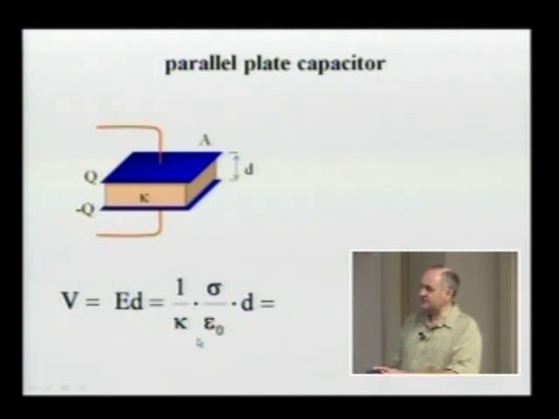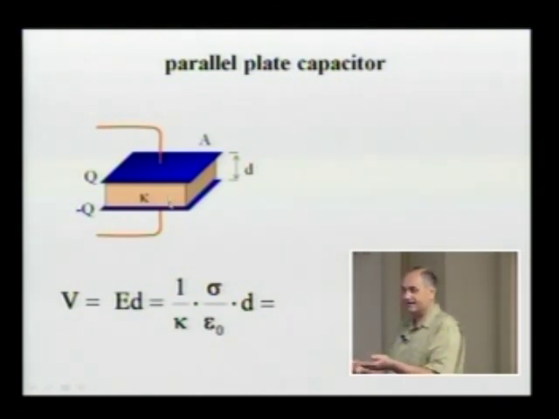Now recall that when we place dielectric, we have to divide that by dielectric constant of the substance in order to get the resultant field. So what we have here is the electric field strength between the plates in the presence of the dielectric.